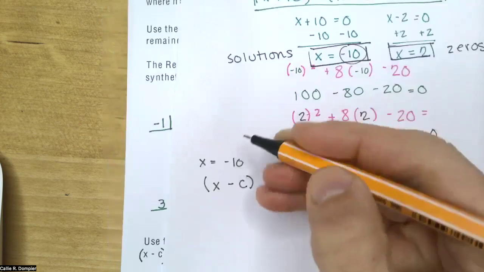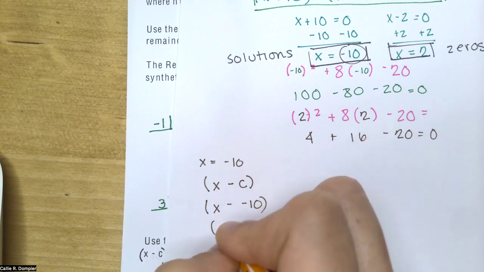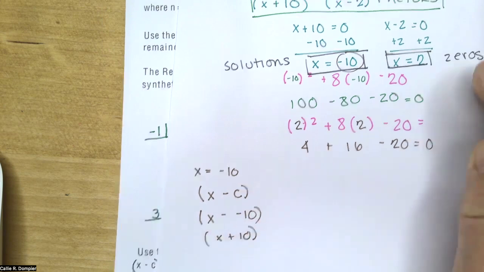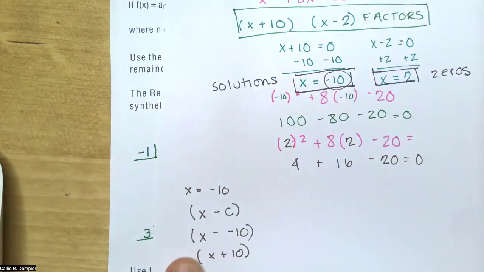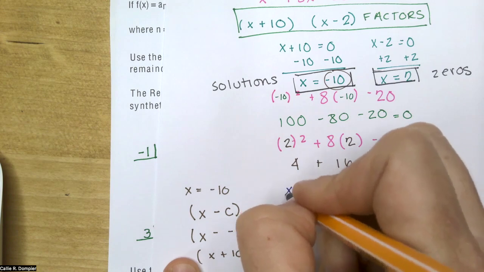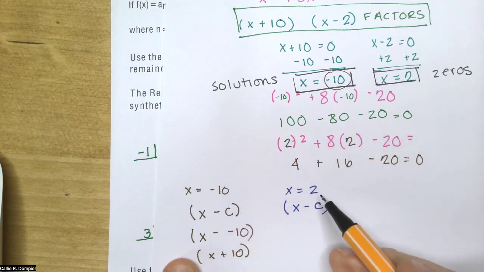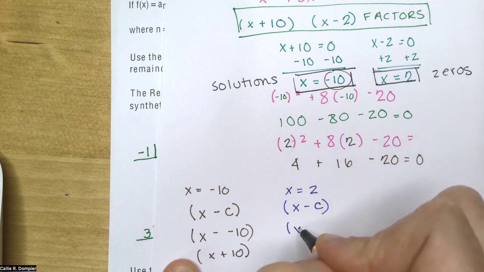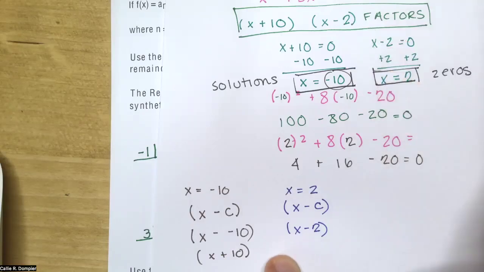When c is that -10, x minus -10, x plus 10 is my factor, okay? Again, x equals 2, using the formula x minus c, where 2 is the c, x minus 2 is my factor, okay? So these are interchangeable.